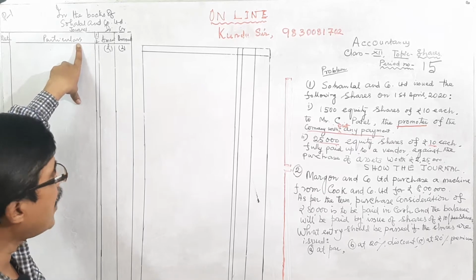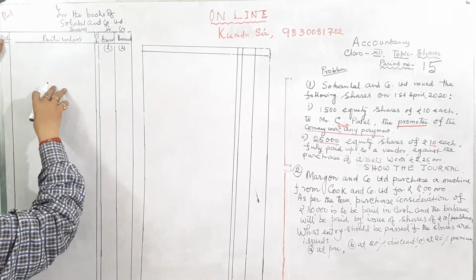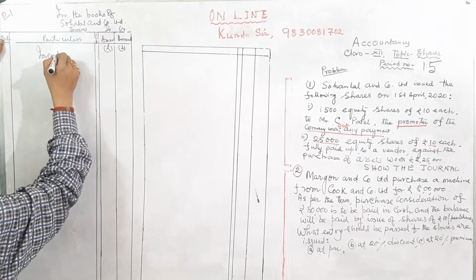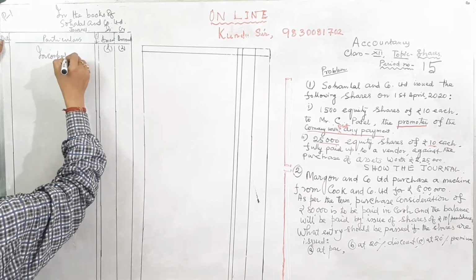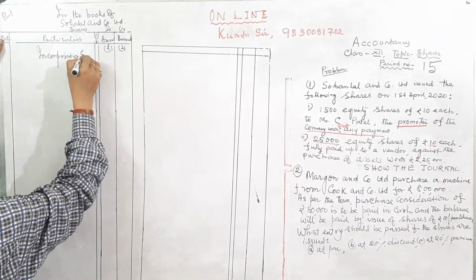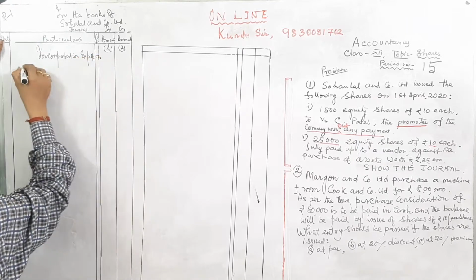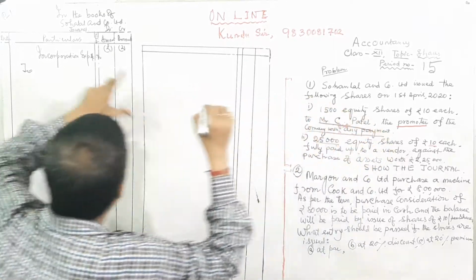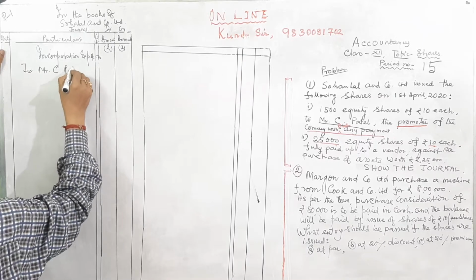First, we should pass the entry: incorporation expenses account debit to Mr. C. Patil.